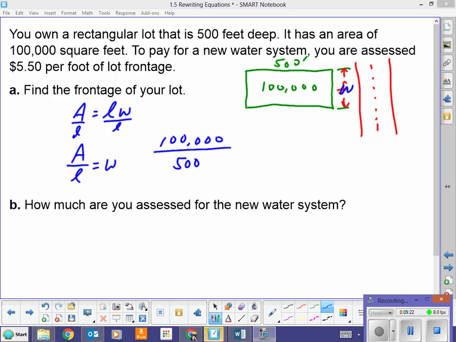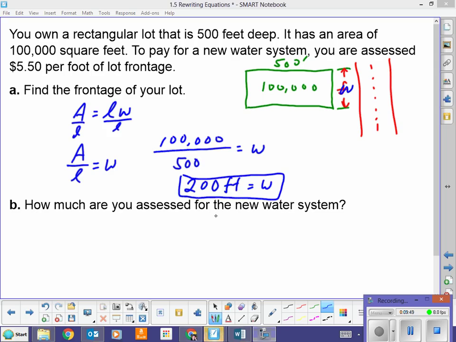Area divided by length equals W. So 100,000 divided by 500 is 200. And of course, that's going to be feet. And that's the first answer.